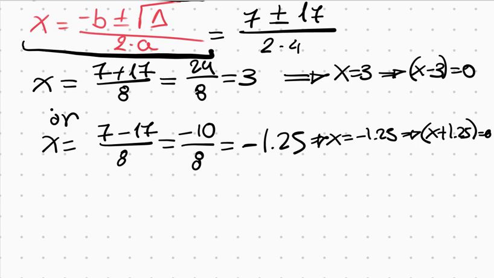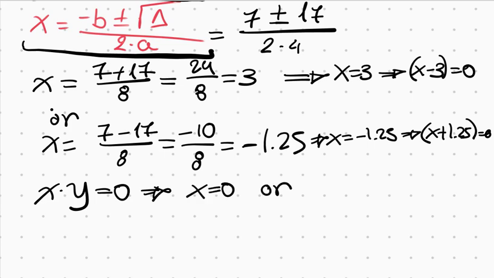And what is nice about this is that when we have a product x times y equals 0, then the only way that this product would equal 0 is if x equals 0 or y equals 0. And this goes both ways. So if x equals 0 or y equals 0, then we have the product equaling 0.